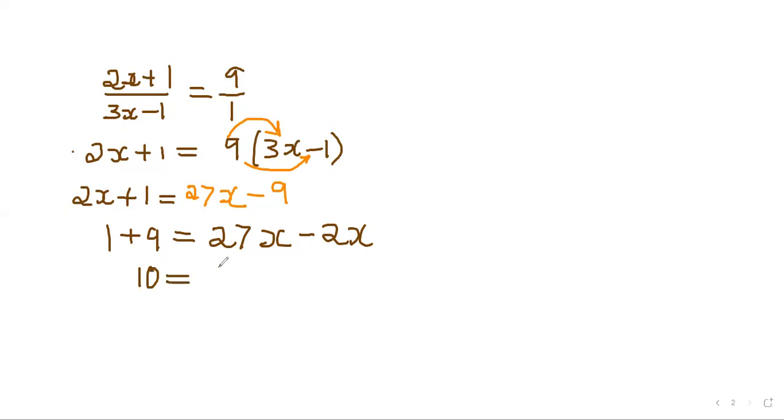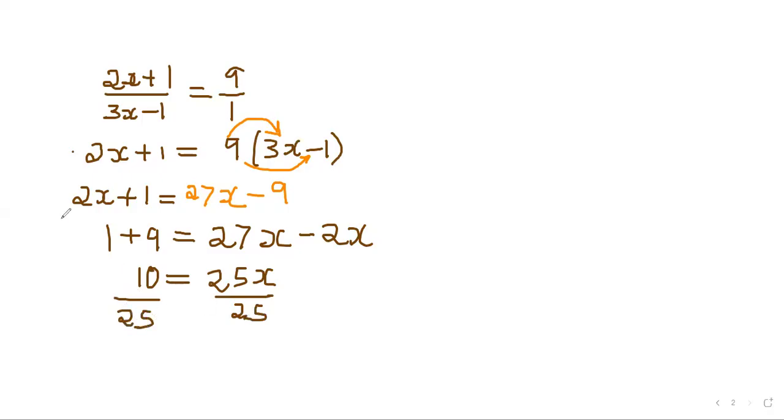It equals 27x minus 2x. These are like terms, terms which carry the same variable. So you subtract, and you're going to get 25x. Then you divide both sides by 25. Why do I divide both sides by 25?